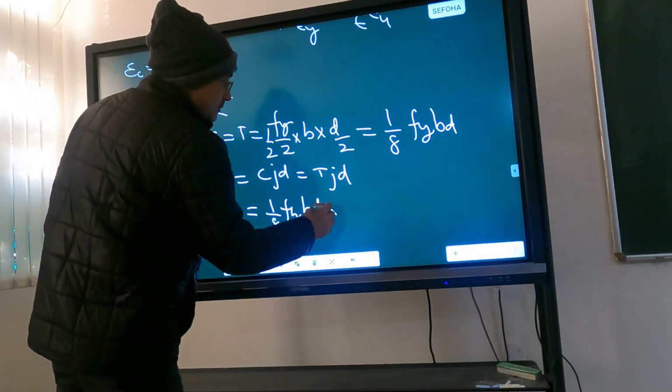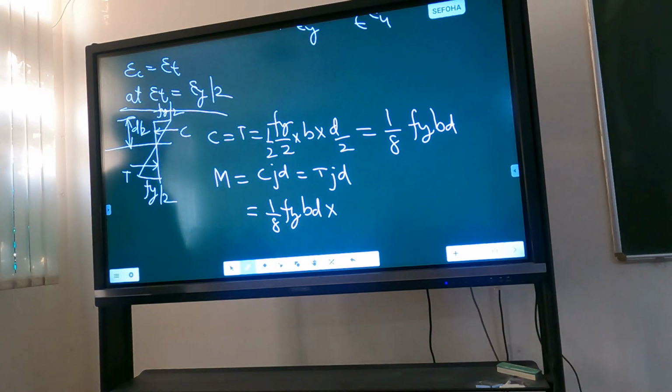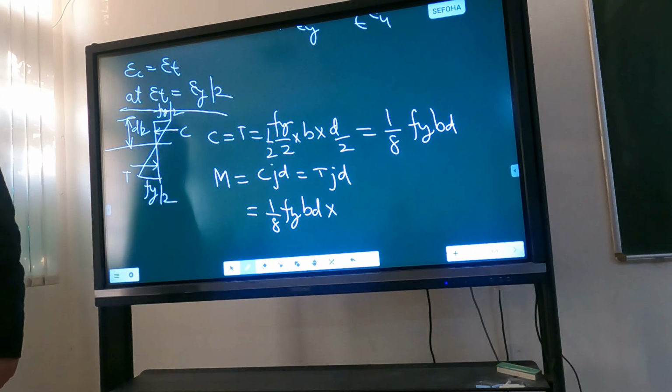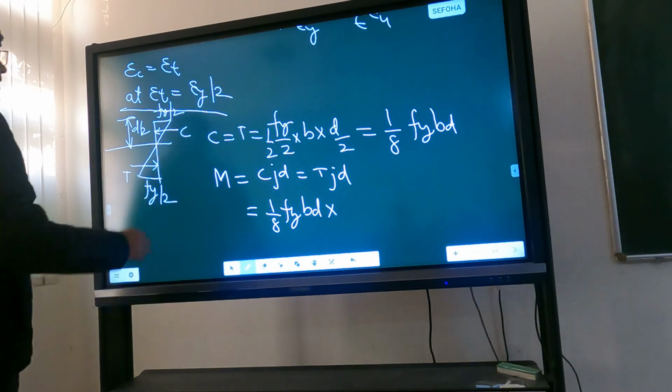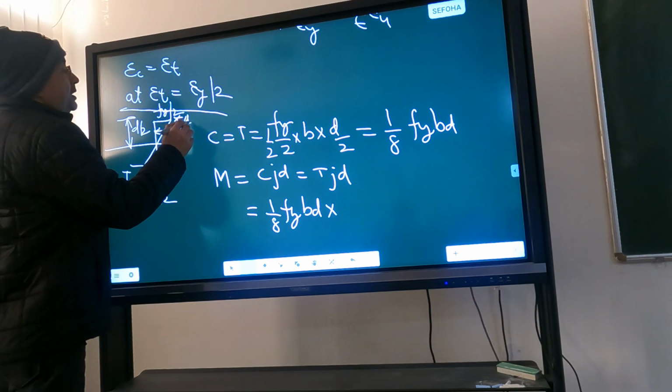into how much is the lever arm? This lever arm is 4 by 3... Okay, so from the top this will be d by 2 into 1 by 3.